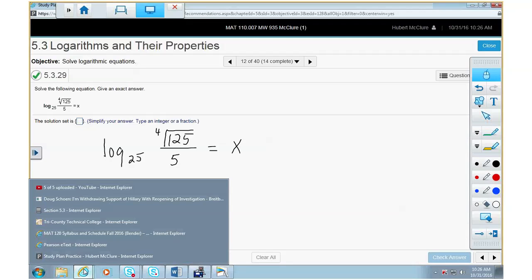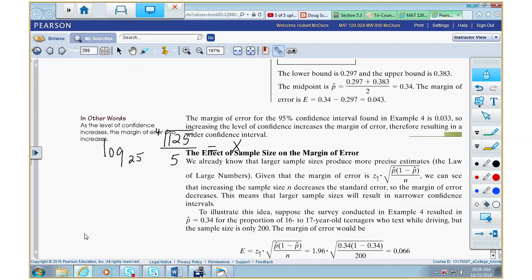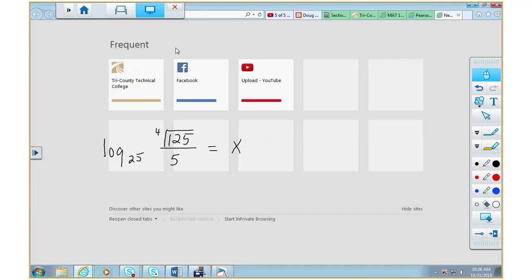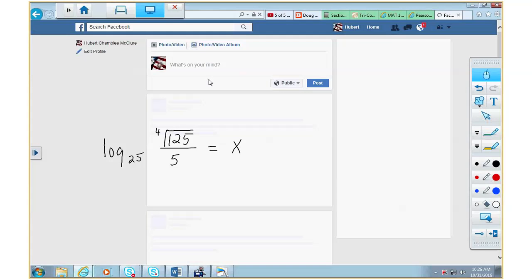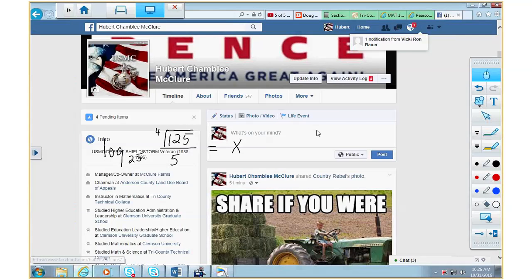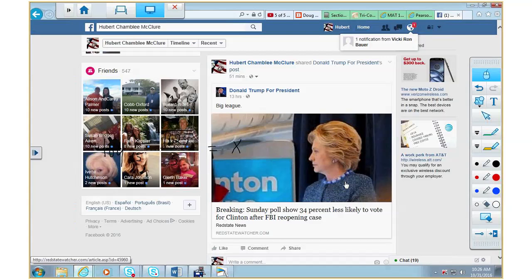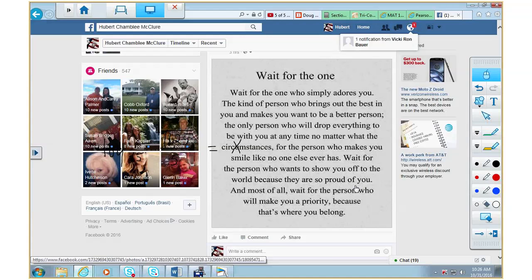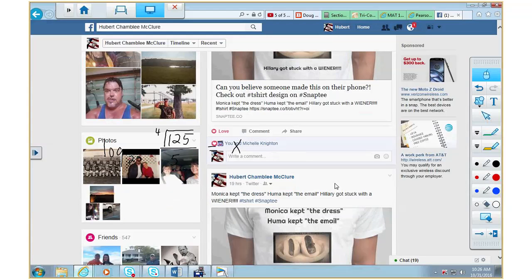I'll show y'all something funny. When they did this, I was like, oh my gosh, that is so funny. Where's old Joe? I got him on here somewhere. There's my shirt I created.